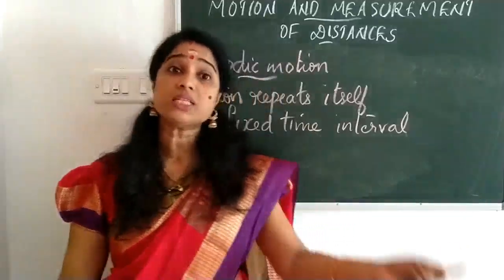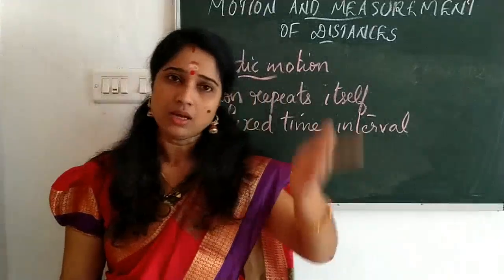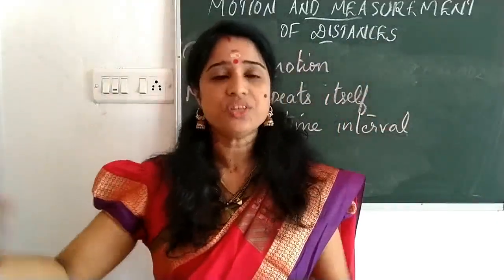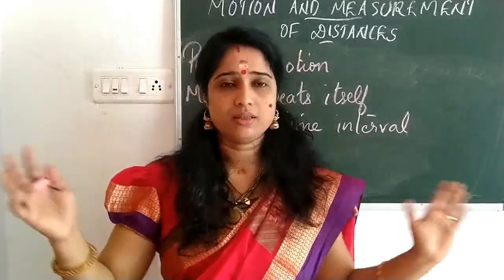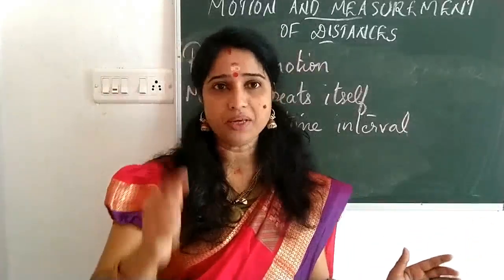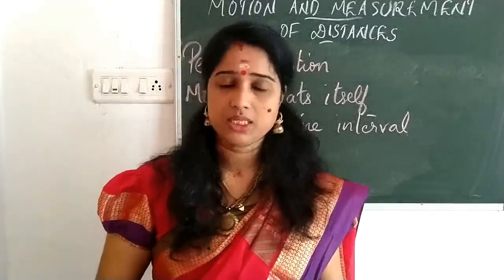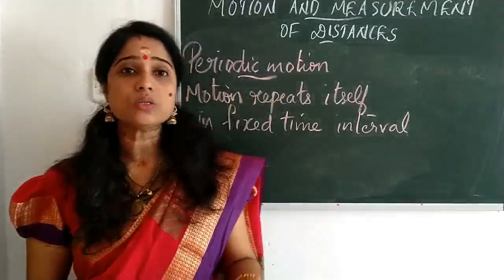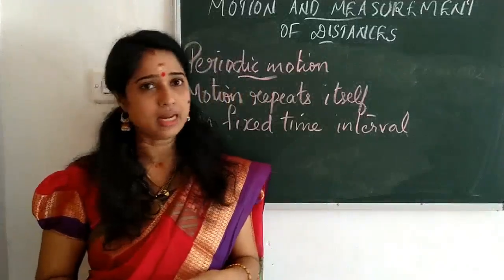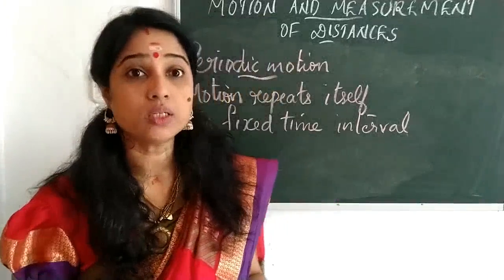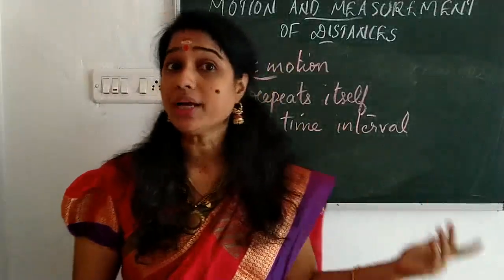After completing 365 days and 6 hours, the next year begins in January. And of course, there is the leap year exemption. That year we have 366 days. All other years we have 365 days and 6 hours. So the rotation and revolution of the earth come under periodic motion.